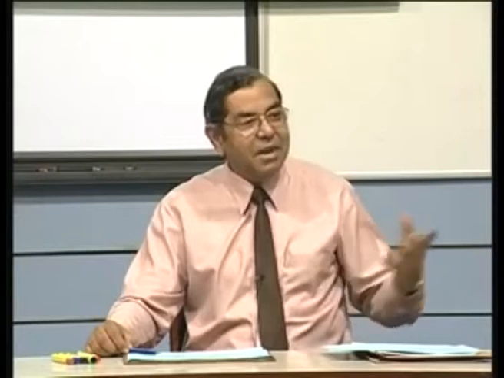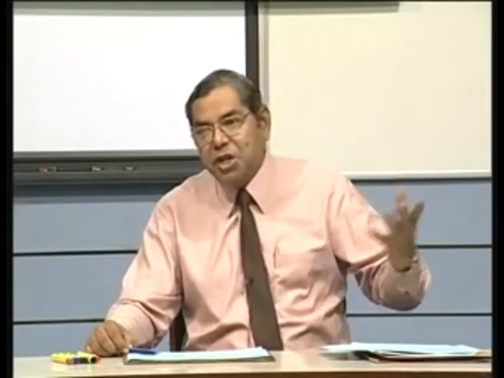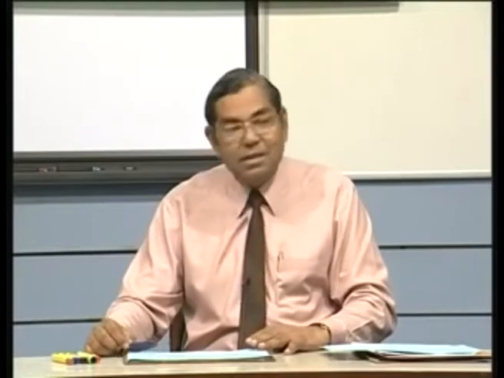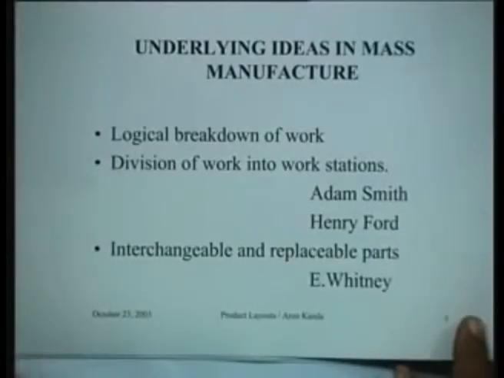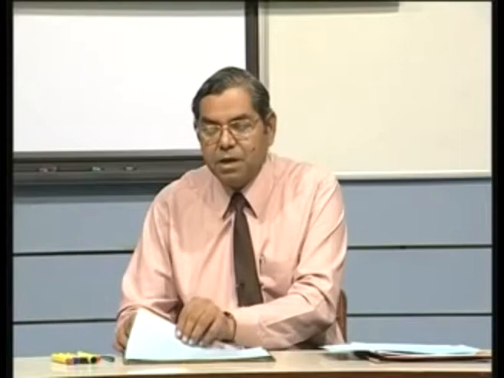He could not have an off the shelf wheel which he could immediately replace. This is because it was not a standardized kind of operation. So unless standardization is done, you will not be able to go for assembly. So these are three fundamental concepts which are at the back of mass manufacture.